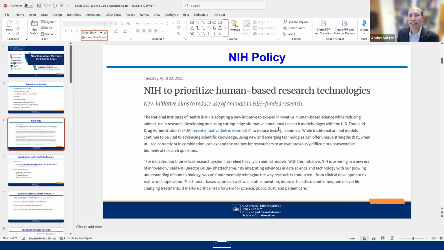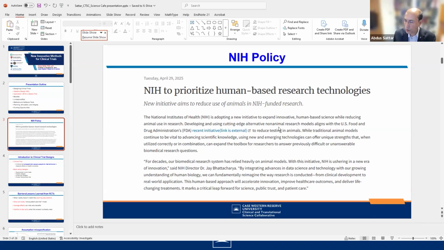This is a really exciting time to talk about clinical trial design because of the new policy that NIH adopted on prioritizing human-based research while reducing the animal use in research. That means there would be a need for innovation in clinical trial designs.